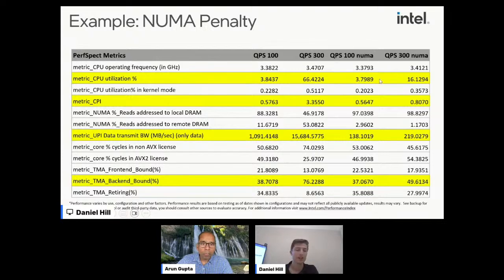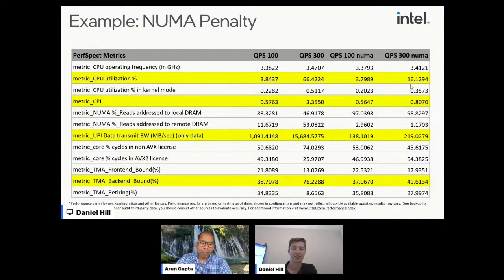CPU utilization with NUMA applied at 300 queries per second goes down to 16%. So we were at 66%. Just telling it not to go back and forth across the socket dropped us down to 16%. So that's like a 50% cost savings right there. We didn't have to upgrade our instance.